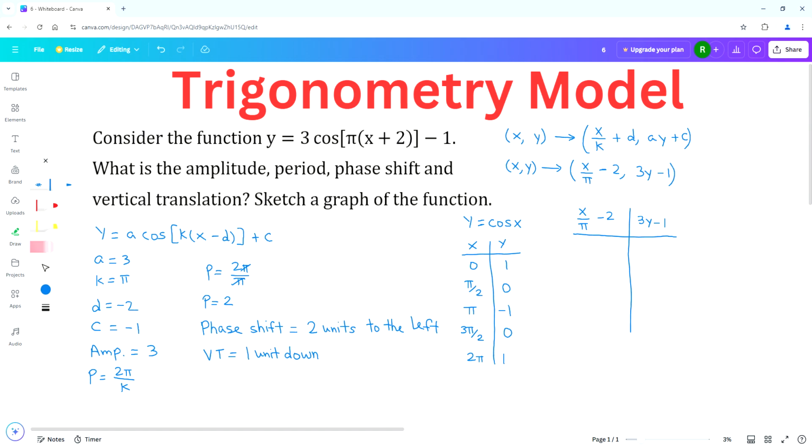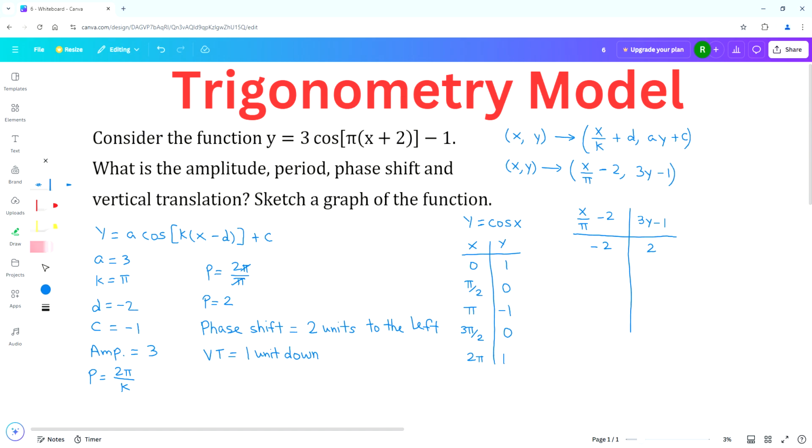The first point is 0, 1. We sub in x as 0. 0 over pi minus 2 is equal to negative 2. Next we sub in y as 1. 3 times 1 minus 1 is equal to 2. The next x value is pi over 2.